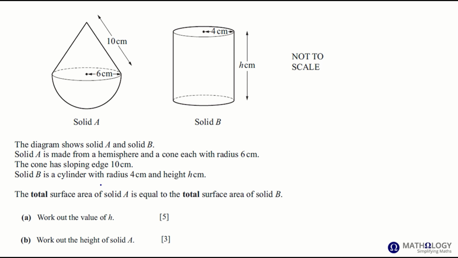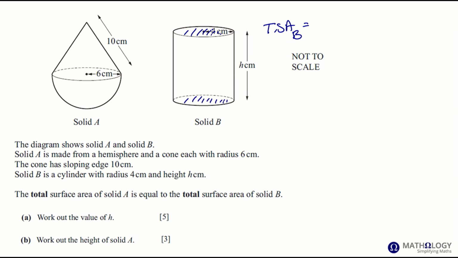Okay, so the total surface area of solid A is equal to the total surface area of solid B. So we need to establish a formula that expresses the total surface area of solid A and of solid B. Let's start with solid B because it is a cylinder and it's very straightforward. The total surface area of B is the top circular face and the bottom circular face.